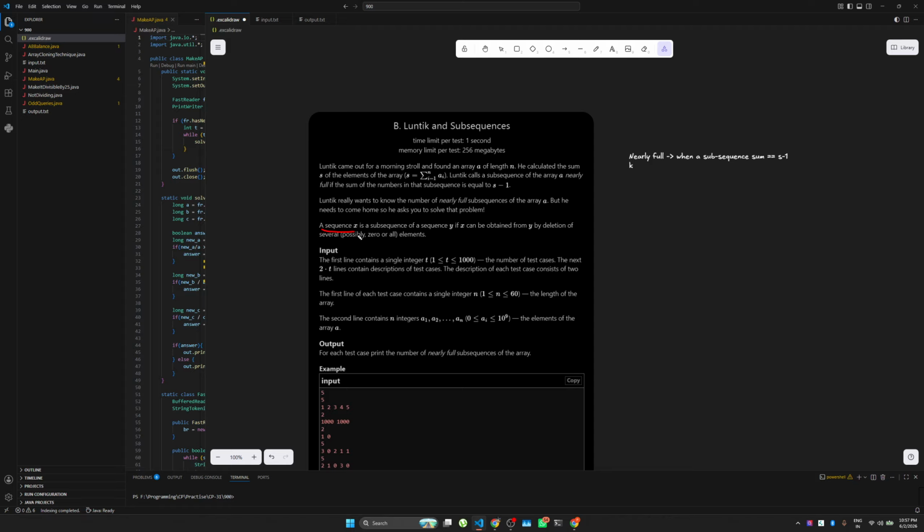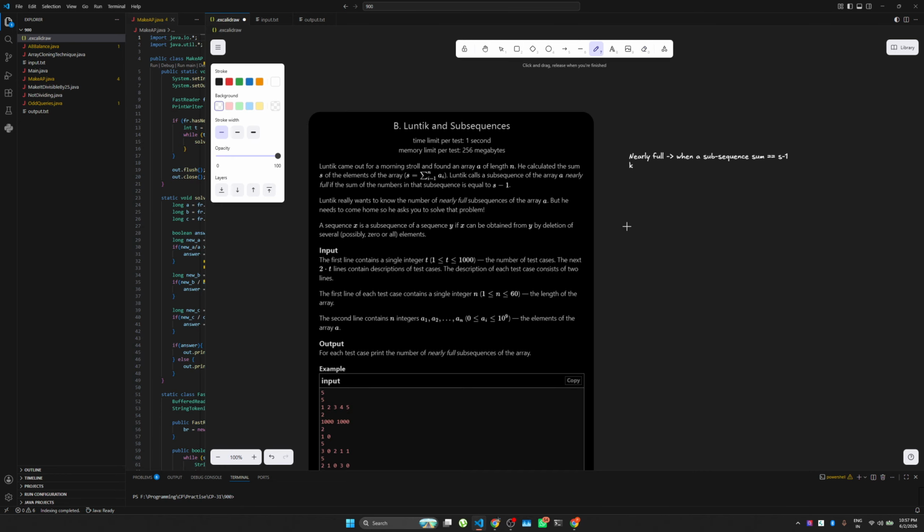A sequence X is a subsequence of a sequence Y. Let me draw.